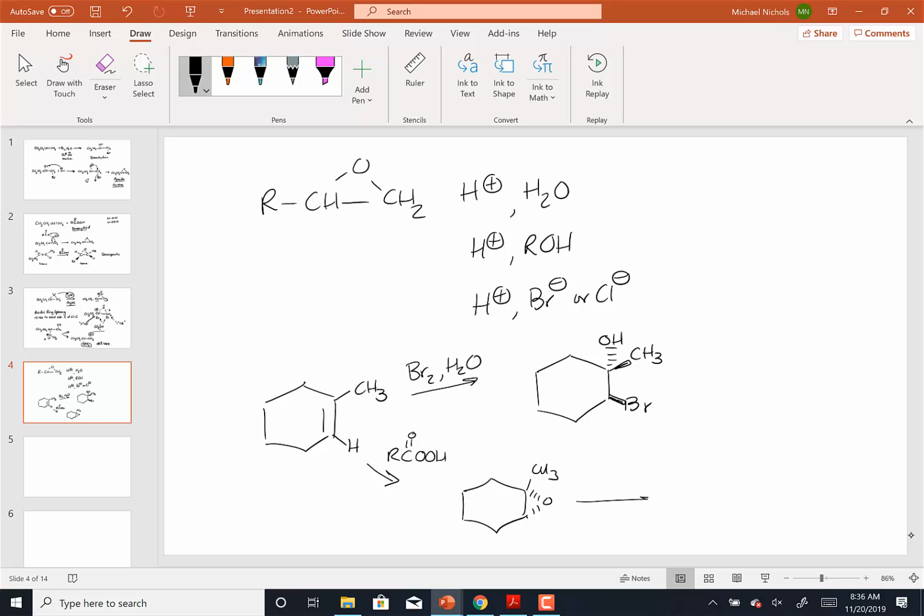If I now add H plus and Br minus, in other words, HBr, if I add HBr to this double bond, what am I going to do? Well, first thing I'm going to do is I'm going to protonate the epoxide. So now I'm going to end up with basically delta positive charges there. And then where is my Br minus going to add?